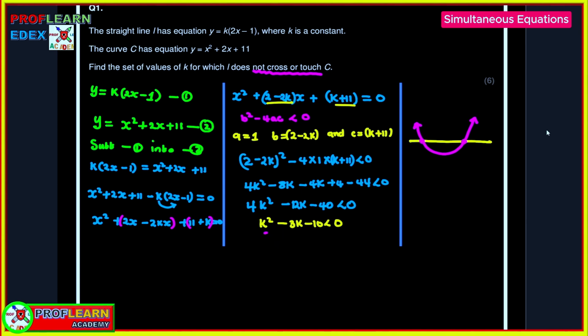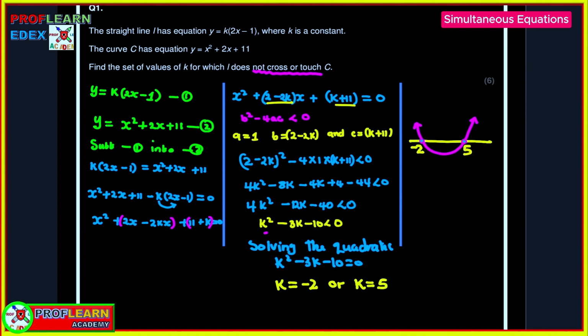So we can solve this and get the critical points. Solving the quadratic equation, we get the critical points k equals -2 or k equals 5. So this is -2 and that is 5. But remember, we need the region below the x-axis because the inequality that we are trying to solve is less than 0.